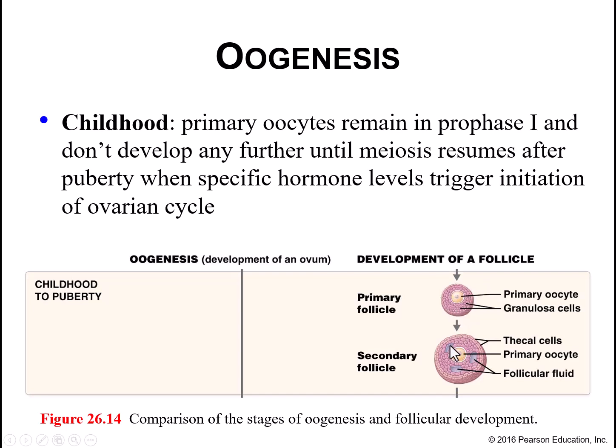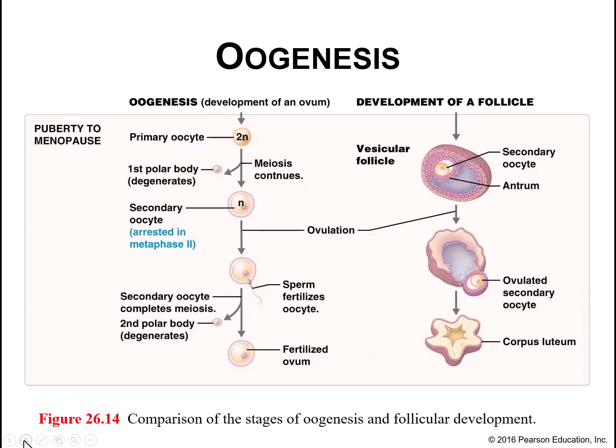And then when we start seeing little follicular fluid pockets appearing, we become a secondary follicle. So we start to develop our follicles, but we don't actually have development of the oocyte until we hit puberty. Once we hit puberty, we have the development of at least one ovum each month, sometimes more.